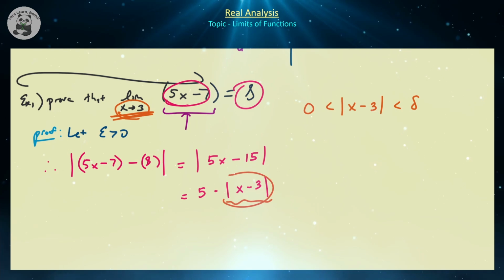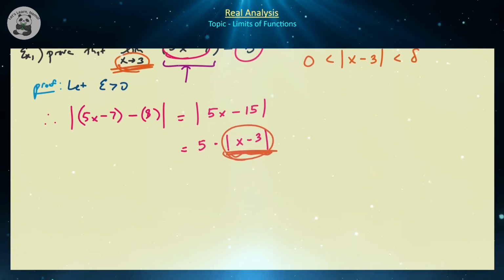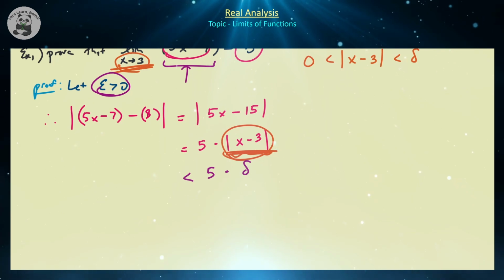So we have complete control over this distance, just like we had complete control over that capital M. We can choose this distance to be as small as we want it to be, because we want this to be strictly less than 5 times delta.